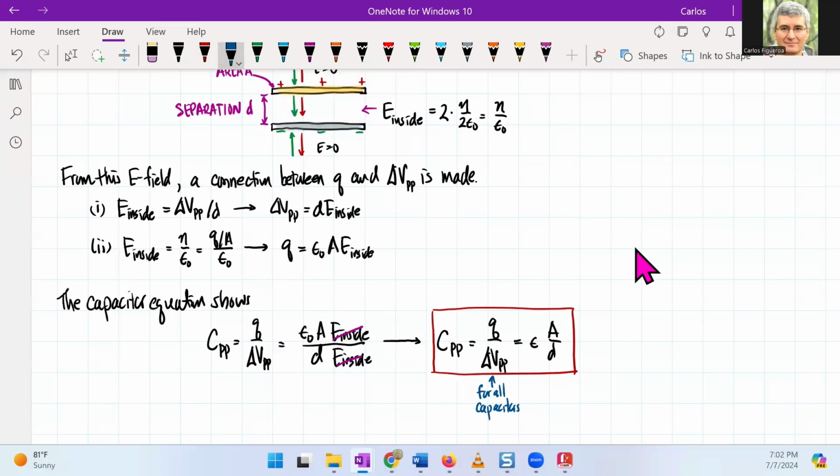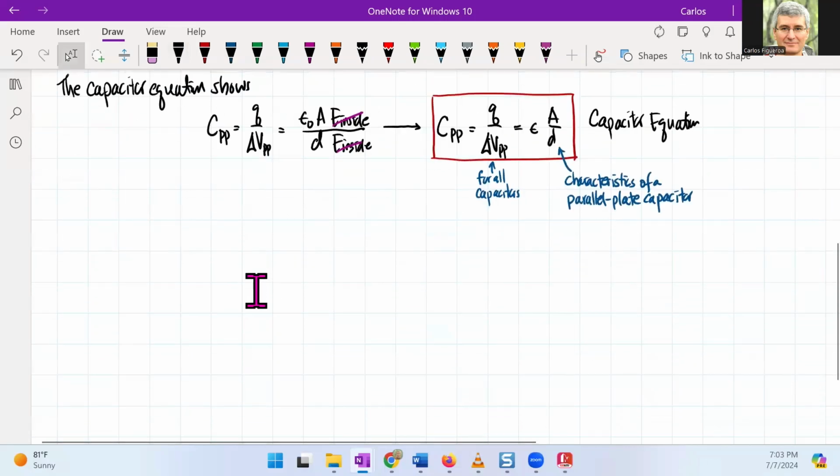But this right here tells us about the characteristics of a parallel plate capacitor, which is unique. So once again, this is the capacitor equation. But we now see that it has two pieces.